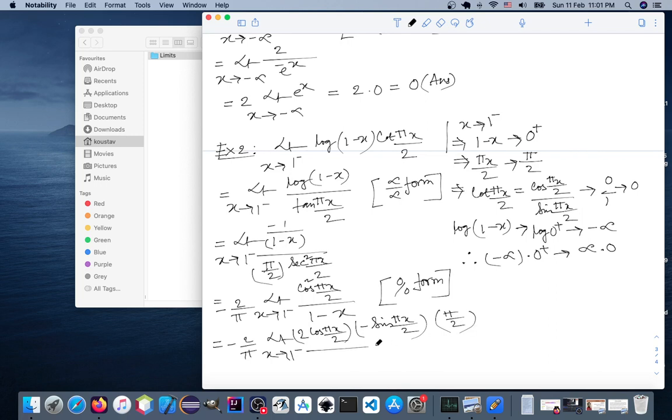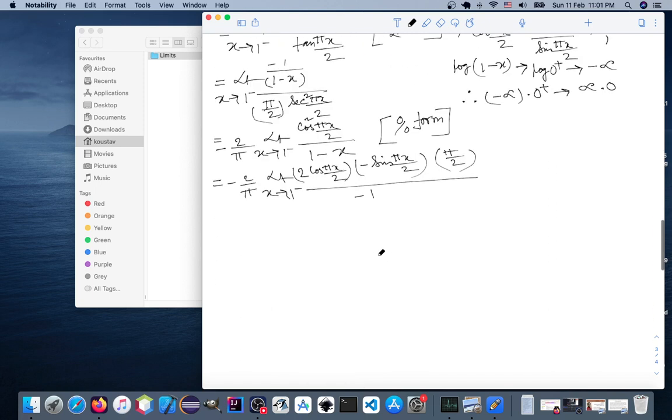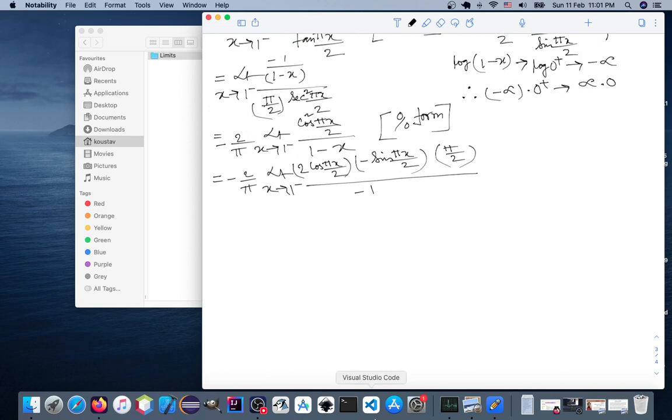In the denominator we have minus 1. So pi by 2 cancels out, the minus cancels out, and this becomes minus 2.